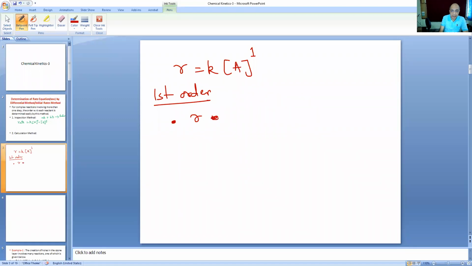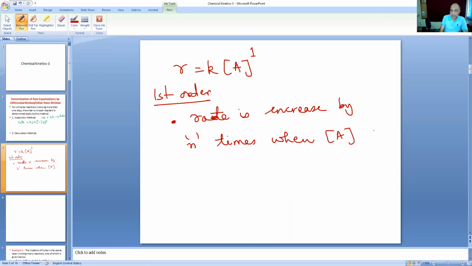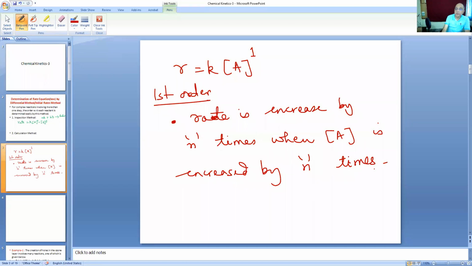Rate is increased by n times when concentration of A is increased by n times. Rate is increased by n times when concentration of the reactant is increased by n times because the power is 1.